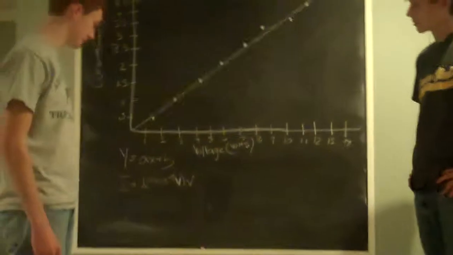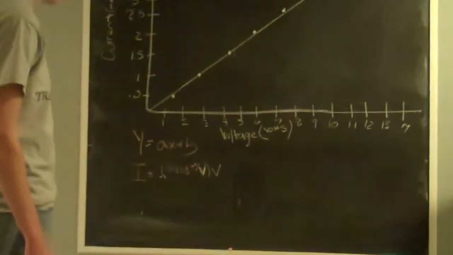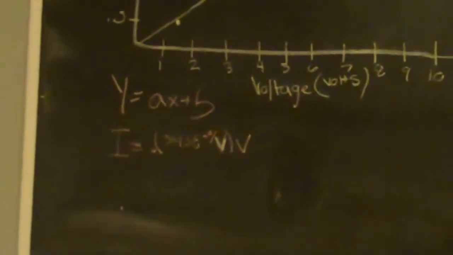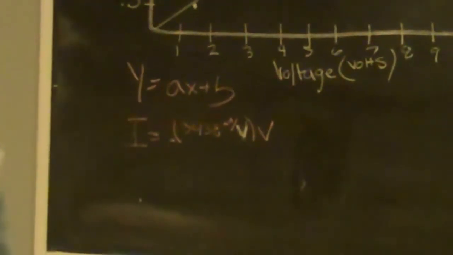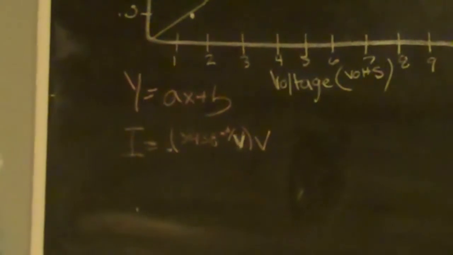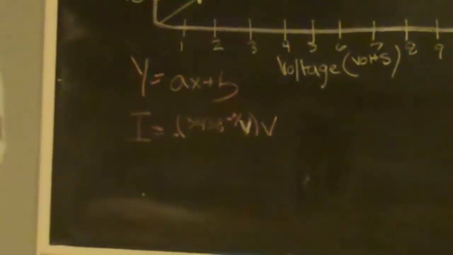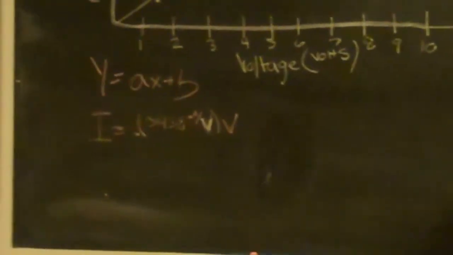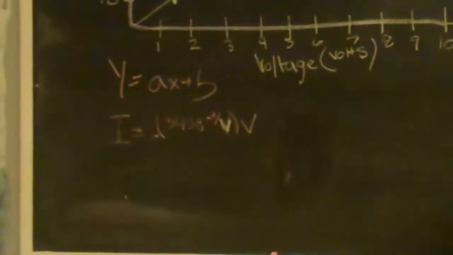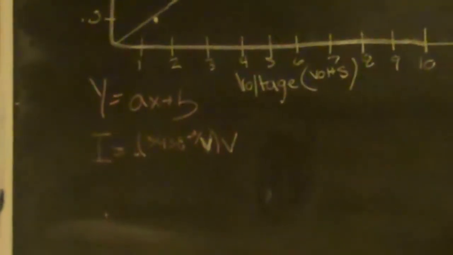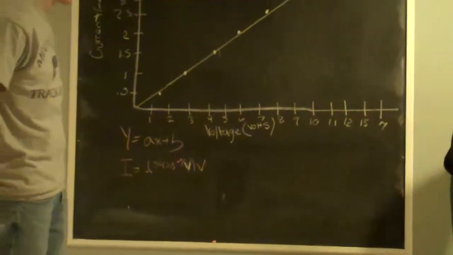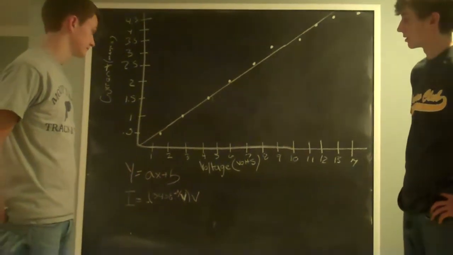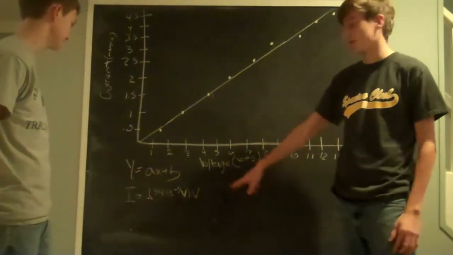For our variables, it's I equals 3.3438 milliamps per volt times the voltage for the slope, and the line of best fit would go through 0, so we wouldn't have a b. They're directly proportional, so the current is directly proportional to the voltage.